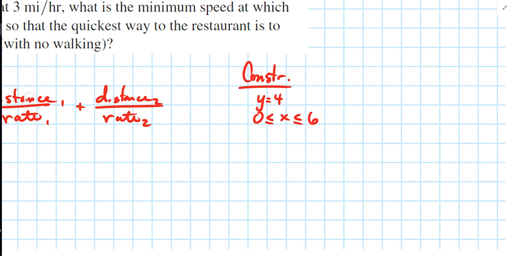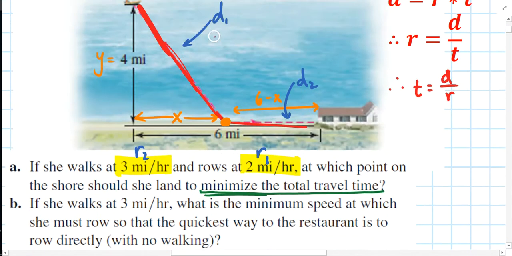Let's see if we can incorporate this notion of distance and rates into a better constraint. So let's talk about d1 for just a second. d1, this distance along the diagonal, if you recall, would be equal to the square root of x squared plus y squared. Because much like any right triangle, a squared plus b squared equals c squared. And if I want c by itself, I'll take the square root of both sides.